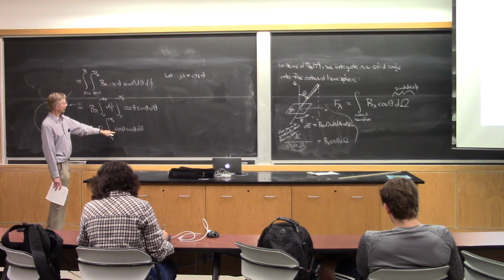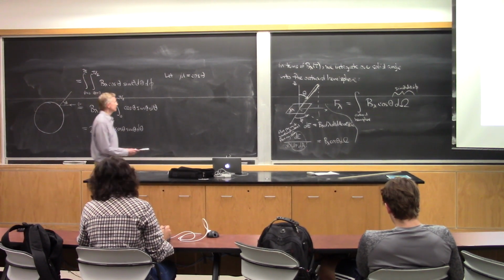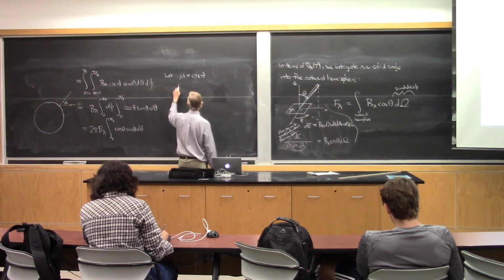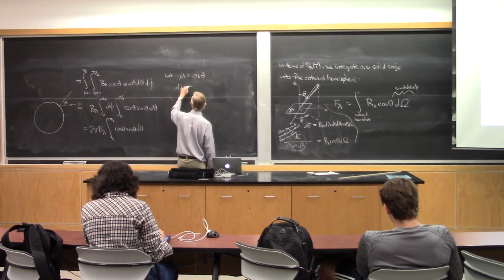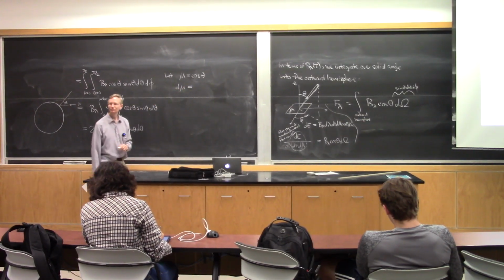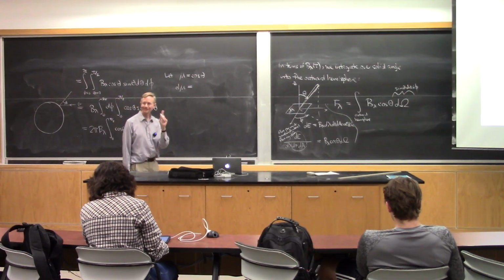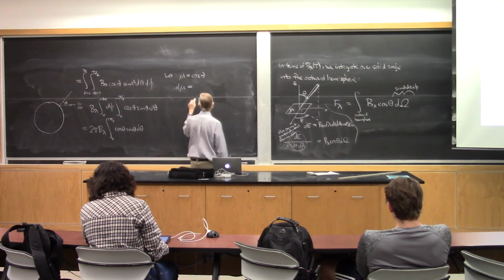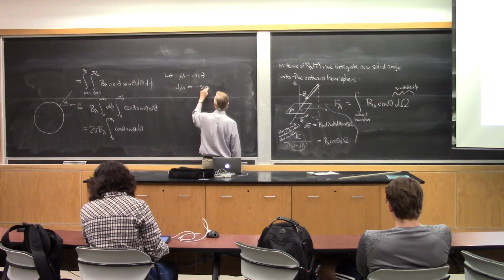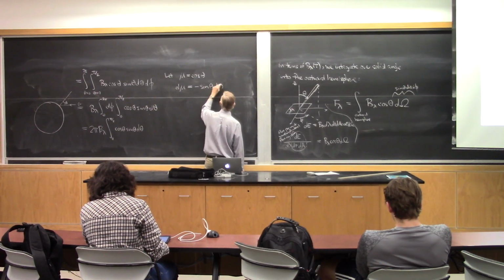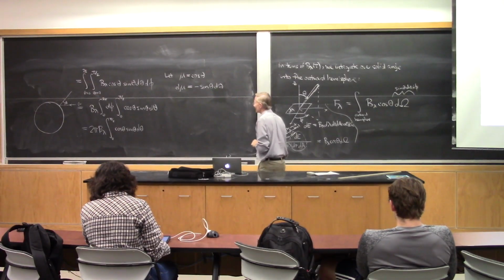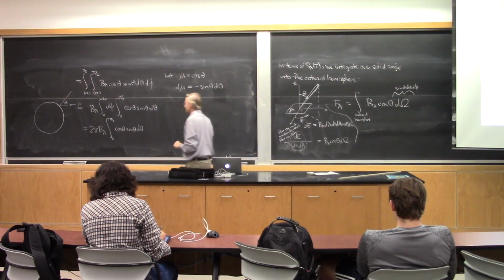In terms of doing our integral here, mu is cosine theta. So what's d mu? Minus sine, right? Cosine differentiated is minus sine. D mu is minus sine theta d theta. And now we also have to substitute for the limits.